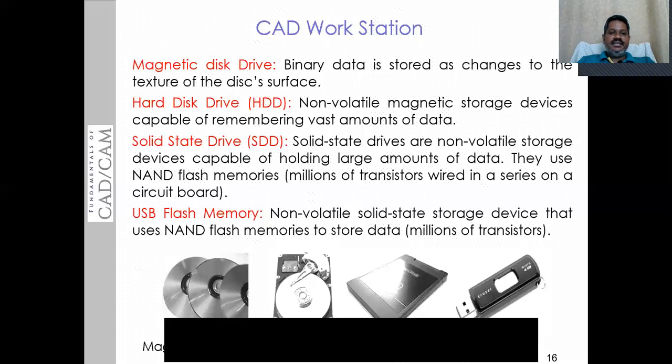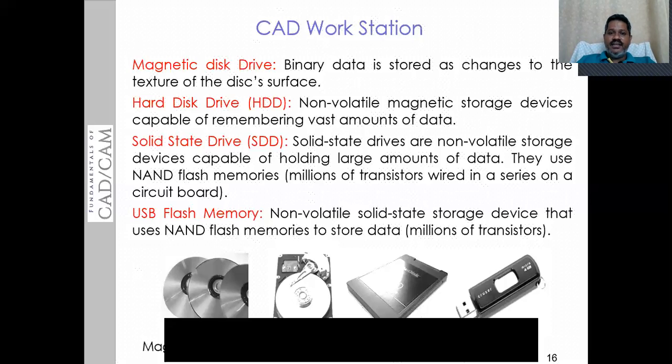The solid state drive is going to use NAND gates, meaning millions of transistors are connected in series to store the data on the circuit board. When you compare the capacity of the SSD, the SSD capacity is more. It can store more data than the HDD.